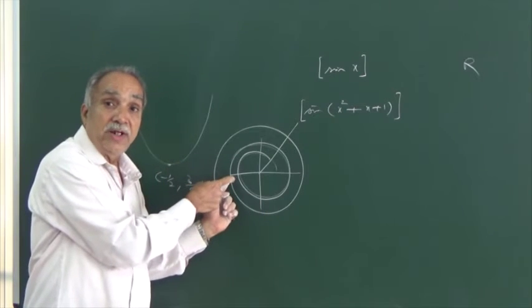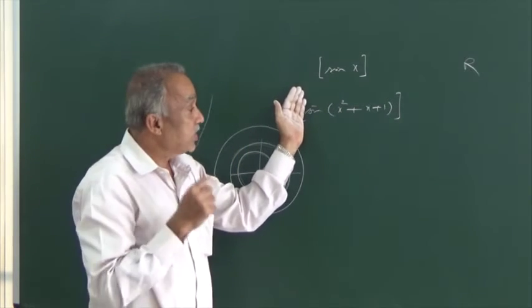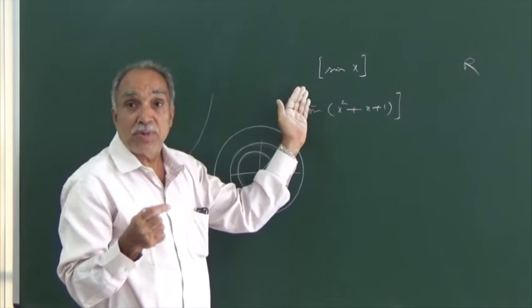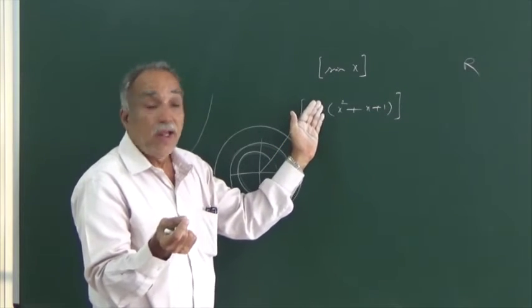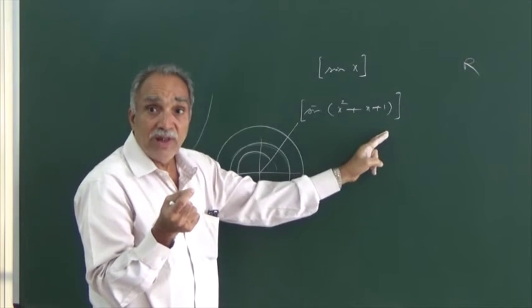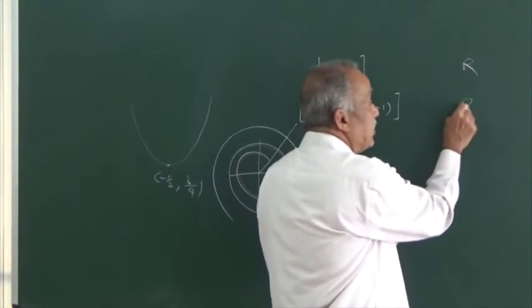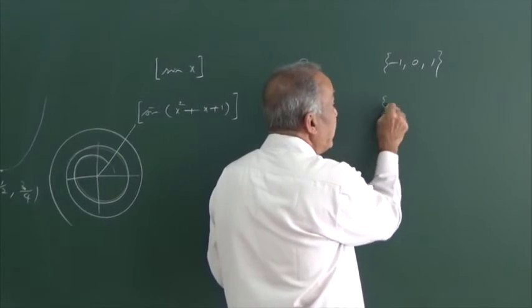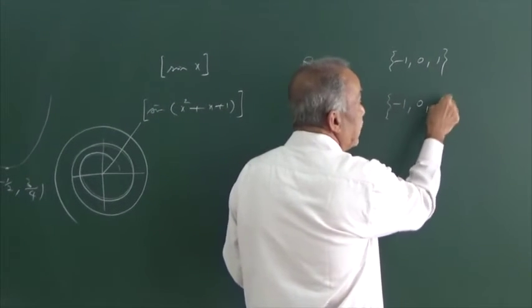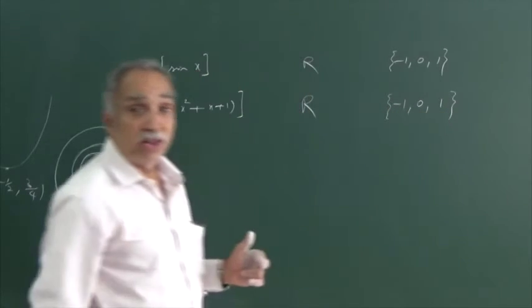Because all quadrants are covered, the function sin of x square plus x plus 1 will cover all values from minus 1 to 1, and therefore will have the integer part defined at every point. Domain is the set of all real numbers and range is the set of integers between minus 1 and 1, the integers minus 1, 0 and 1.